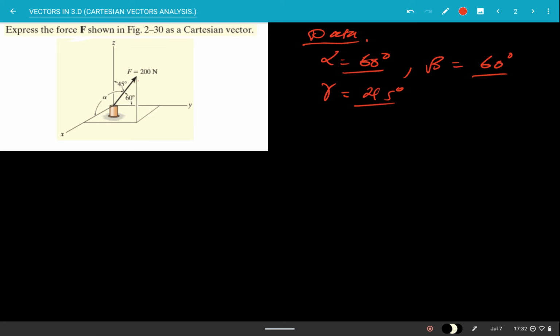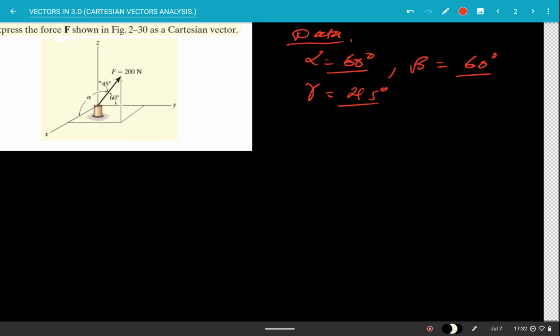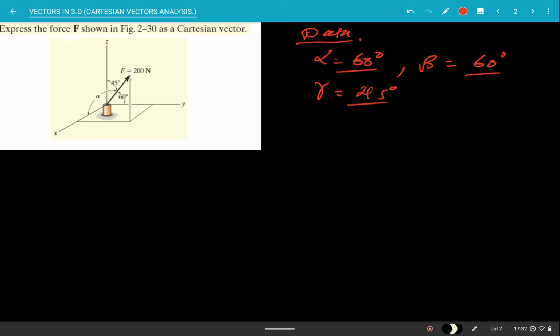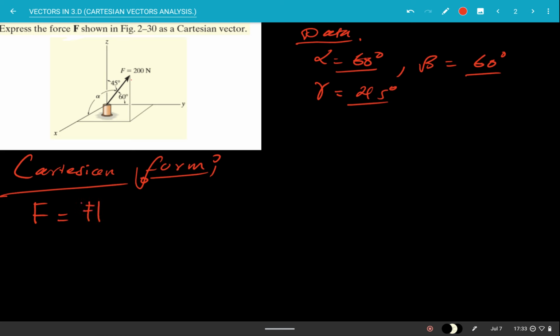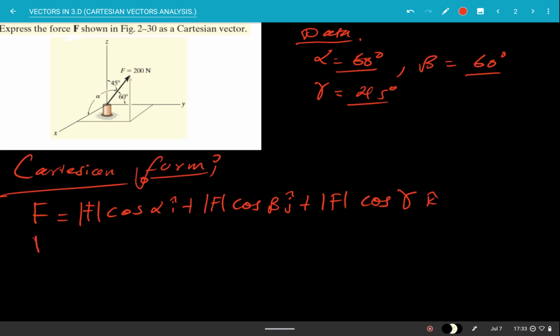To find the Cartesian form, we'll use the formula where we say F is equal to the magnitude of the force cos alpha in the I, plus magnitude of the force cos beta in the J, plus the magnitude of the force cos gamma in the K. So all I have to do here is plug in.